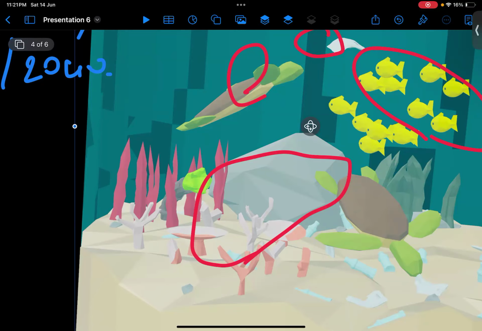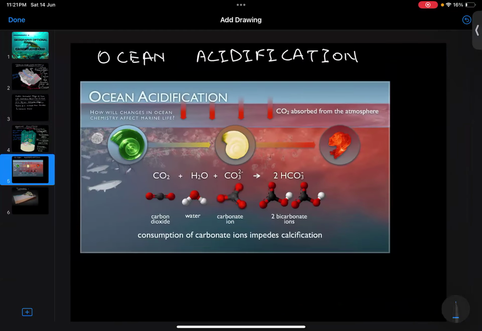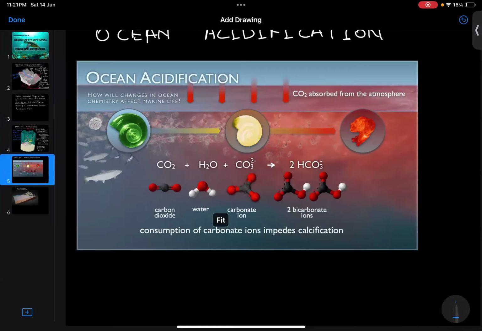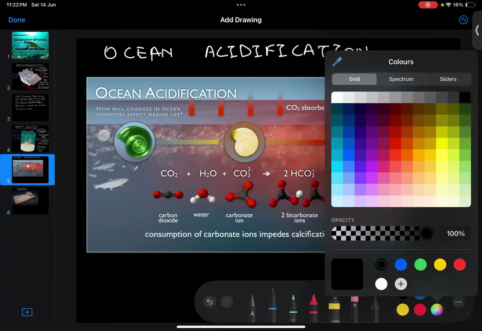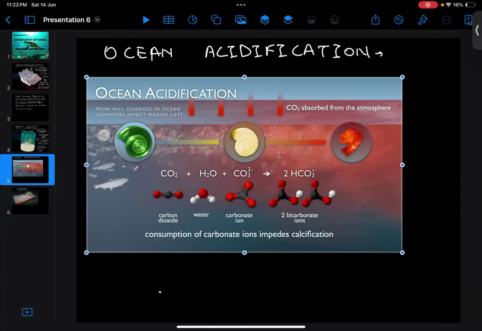Now moving to the next case study, which is on ocean acidification. Ocean acidification is also one of the most important topics in oceanography. Here we will learn a basic concept about it.